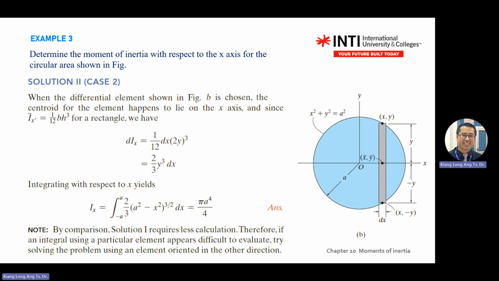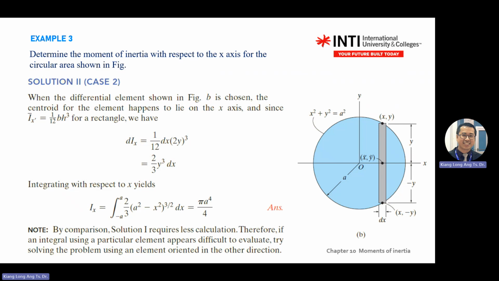Okay, so you see the steps. When you look at the differential element, the centroid happens to lie on the x-axis, meaning the centroid passes through the x-axis. And since we know this is rectangular, we already assume that if you have a rectangular shape, Ix will be 1/12 bh cubed.